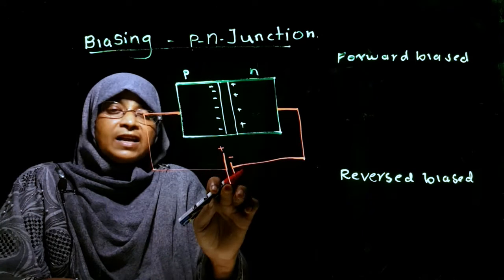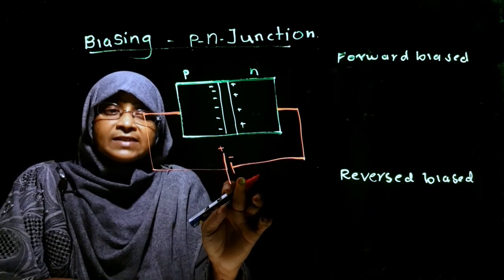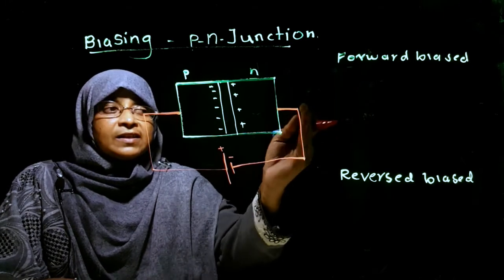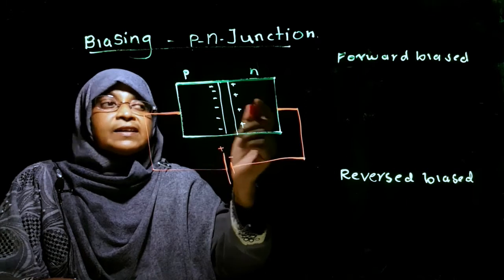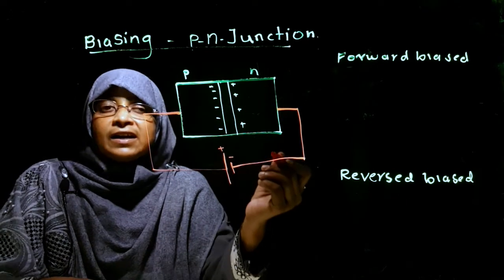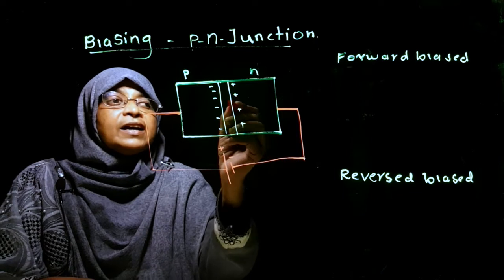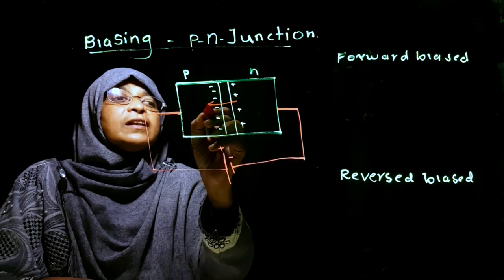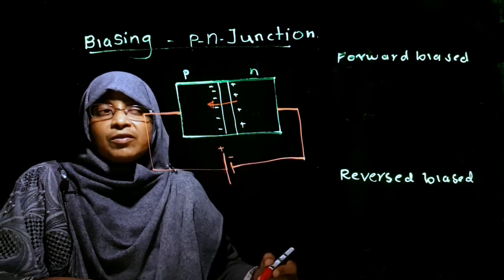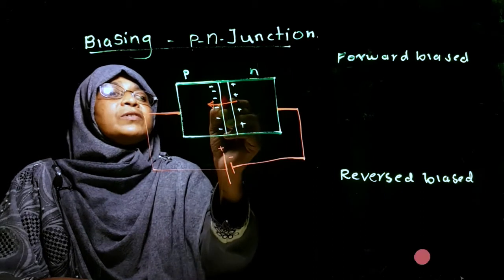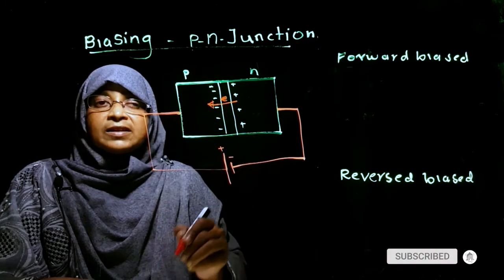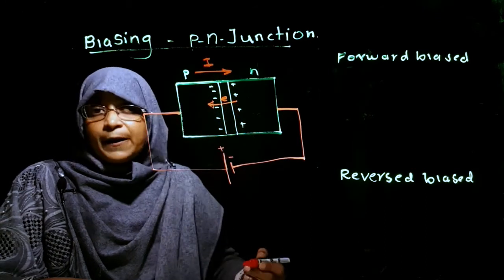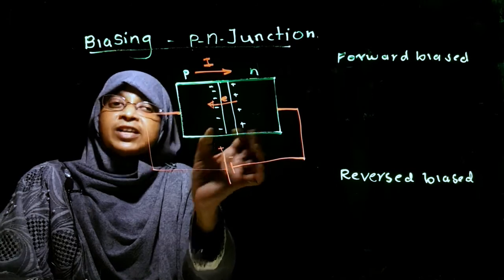We know in this cell the negative terminal is rich with electrons. So these electrons push the electrons on the negative side. Altogether the electrons make a high potential V flow. When the electrons flow in this direction, the current flows in the opposite direction, indicated by I. What happened to this depletion area?